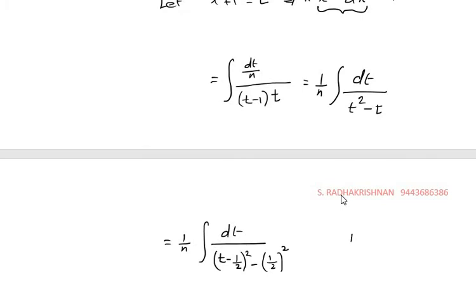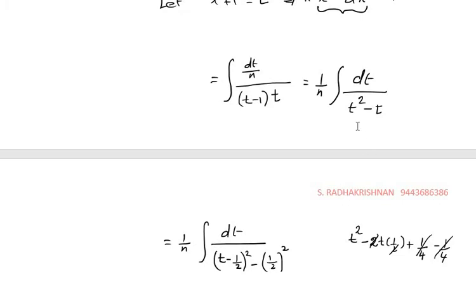If I expand this, what will I get? t square minus 2t into 1 by 2, plus 1 by 2 the whole square, 1 by 4, and then minus 1 by 4. The minus 1 by 4 and plus 1 by 4 get cancelled, and the 2 and the 2 also get cancelled. Therefore, t square minus t, that's what we have. See how to write in completing the square form easily.